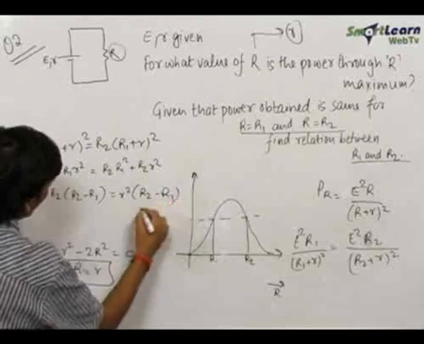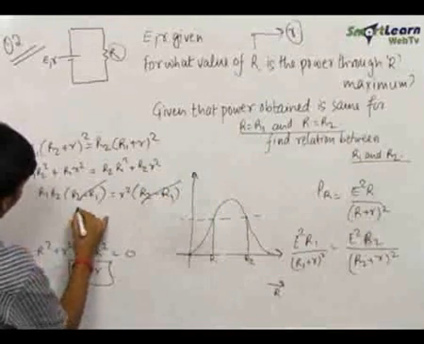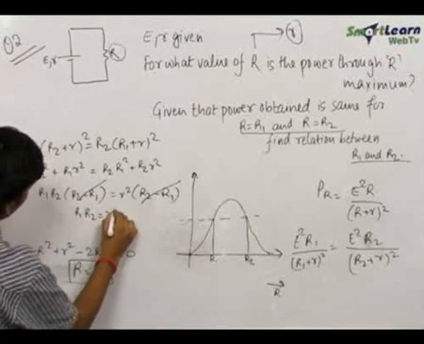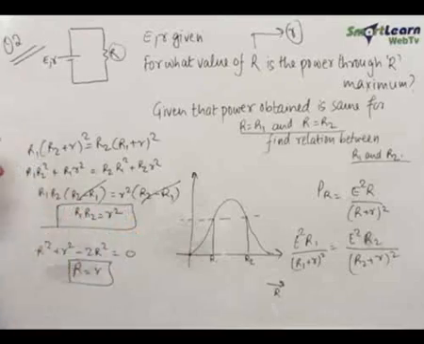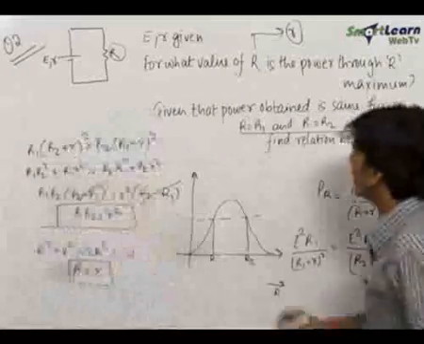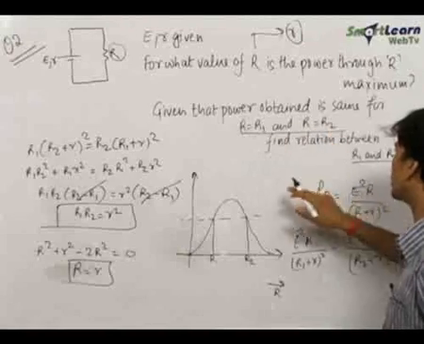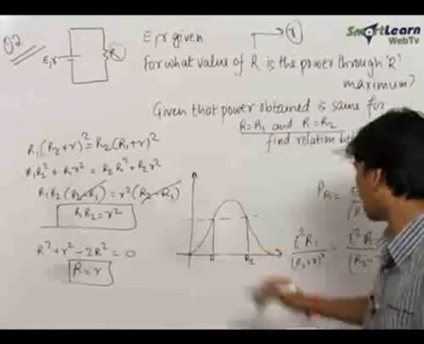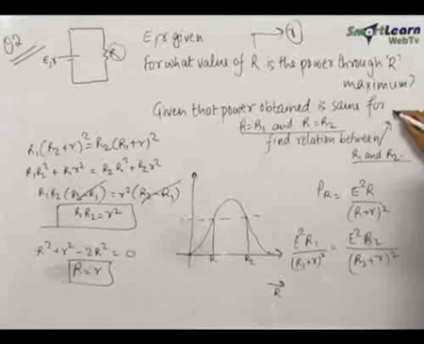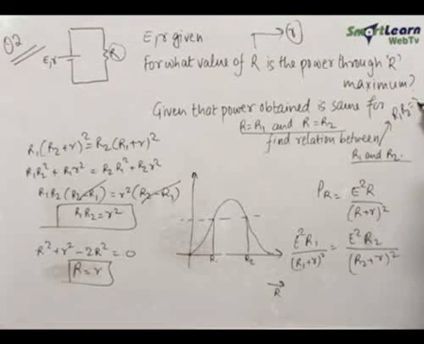Now R1 and R2 are not equal, therefore we can cancel this term. Therefore R1 R2 is equal to r square. So this is the relation that we get, that the power obtained is the same for R equal to R1 and R equal to R2. Then the relation between R1 and R2 will be R1 R2 is equal to small r whole square, where small r was the internal resistance of the battery.